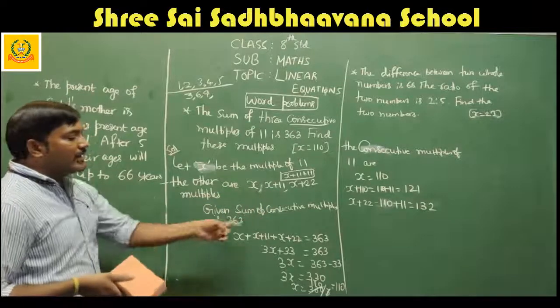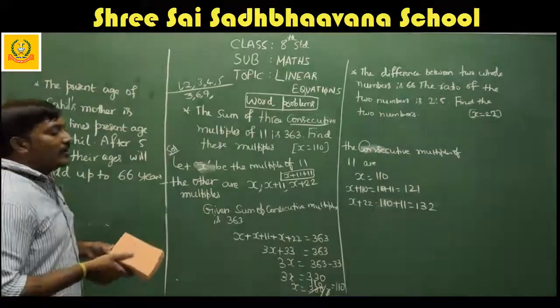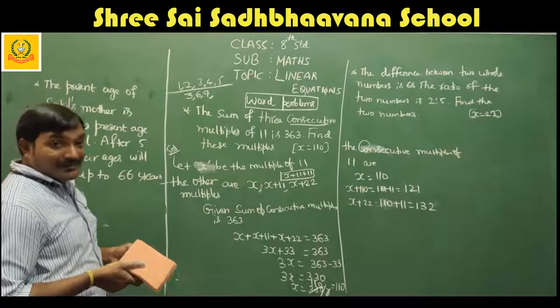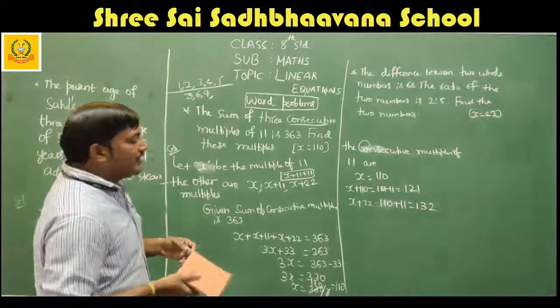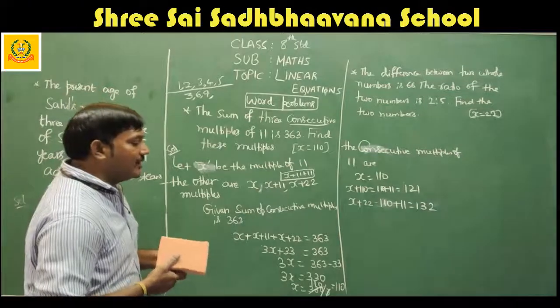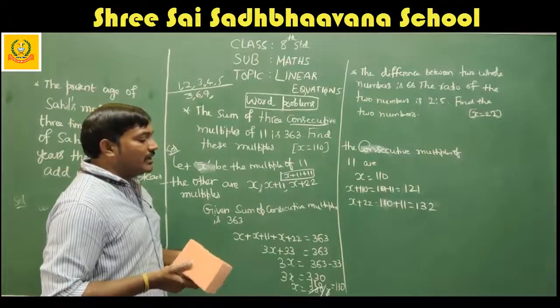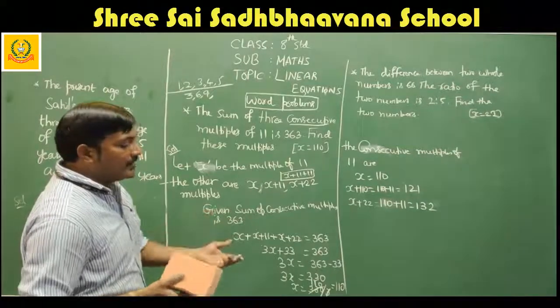So you add the like terms: x plus x plus x is 3x, plus 11 plus 22, which is 33. So 3x plus 33 is equal to 363. So 3x is equal to 363 minus 33, which is 330. So x is equal to 330 by 3, which is 110.